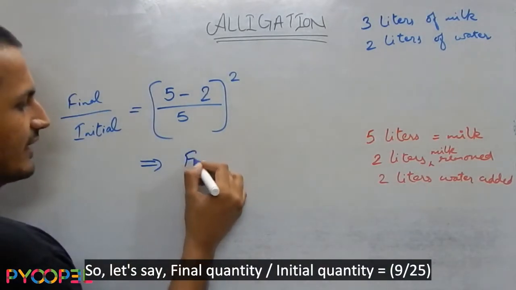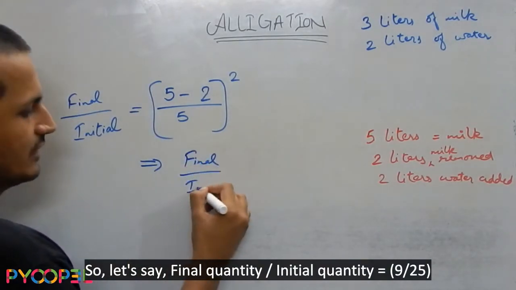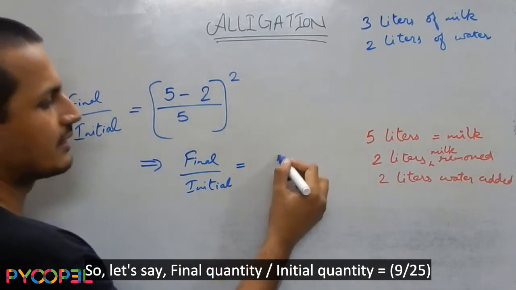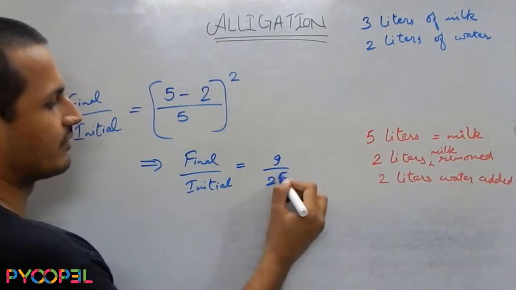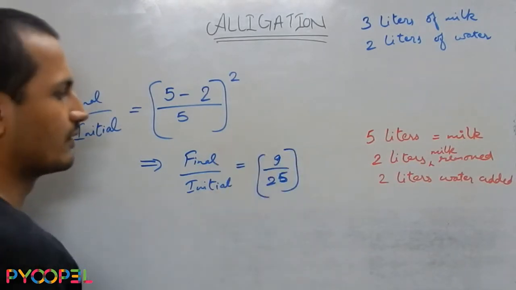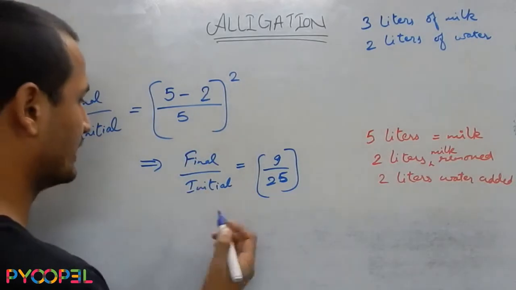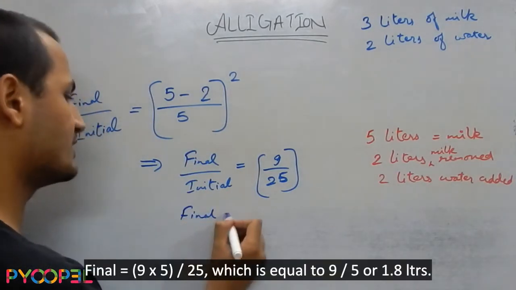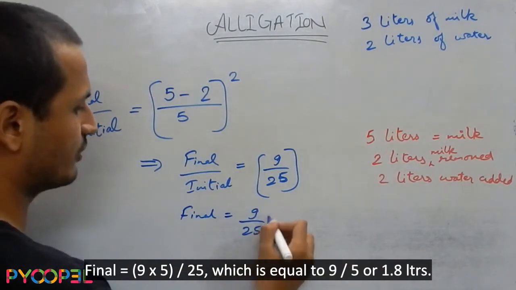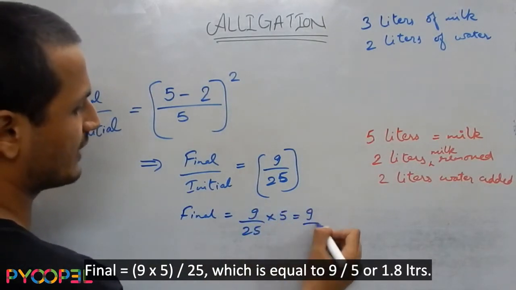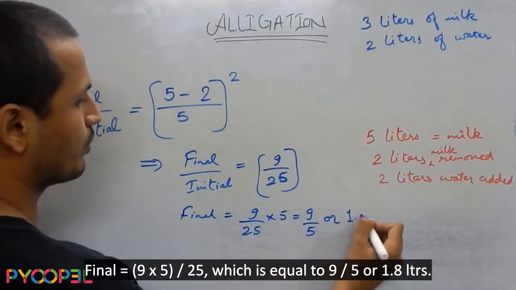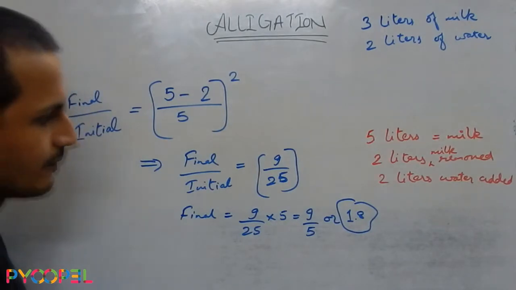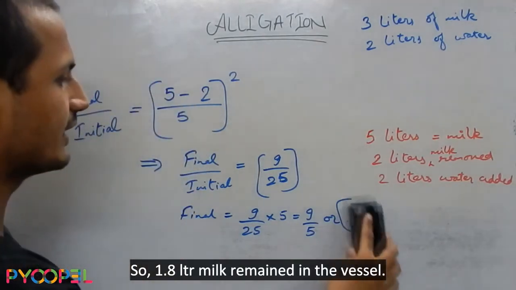So final upon initial is equal to (3 by 5) squared, which is 9 by 25. We know that the initial quantity is 5 liters, so the final is equal to 9 by 25 into 5, which is equal to 9 by 5 or 1.8 liters. So 1.8 liters remain in the vessel.